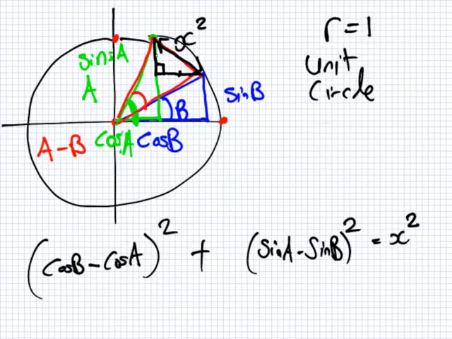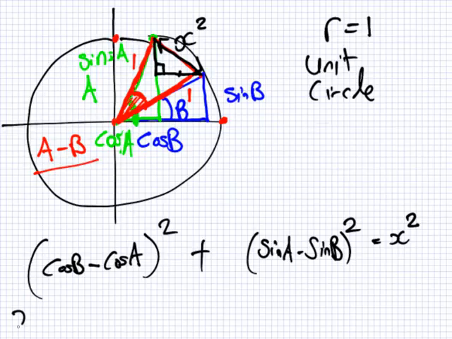Now, if I go back to the red triangle, do I know these two sides on the red triangle? I do. What are they? 1 and 1. And do I know this angle here? I do. It's A minus B. So I can use the cosine rule here.